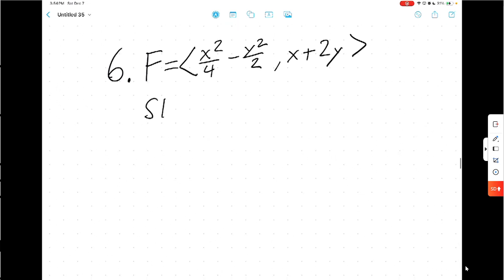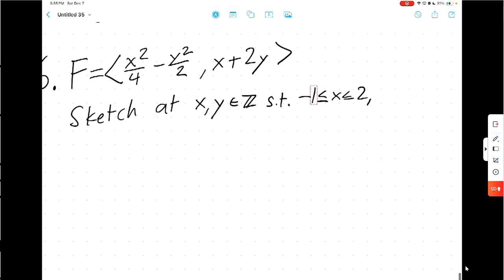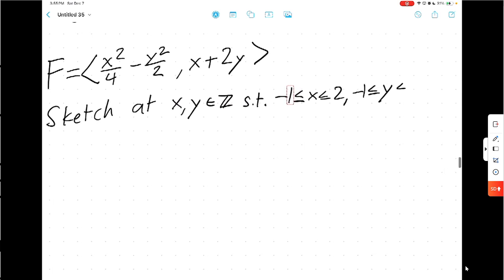And it wants us to sketch at integer values, such that, you know what, I'm going to just use discrete math notation. It's better for this. x, y in integers such that -1 is less than or equal to x is less than or equal to 2, comma -1 is less than or equal to y is less than or equal to 2.